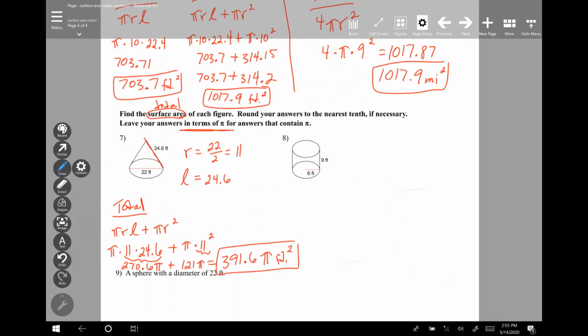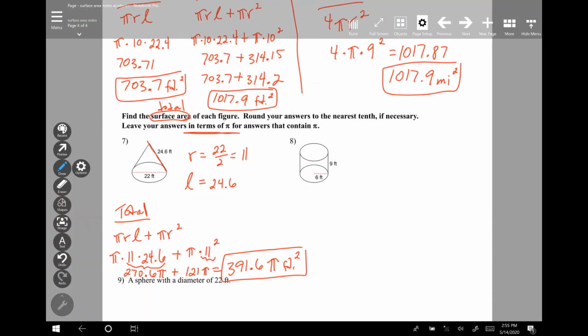Okay, cylinder. We want the total. Let me change pens here. So total is 2 pi r h plus 2 pi r squared. The radius is 6, and h, how tall our cylinder is, is 9.